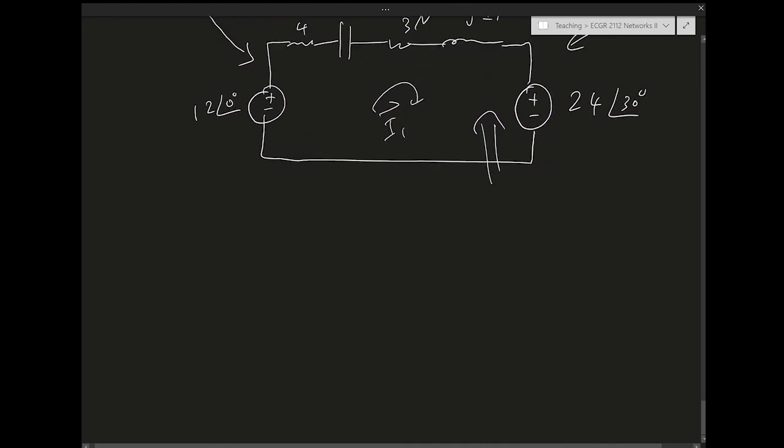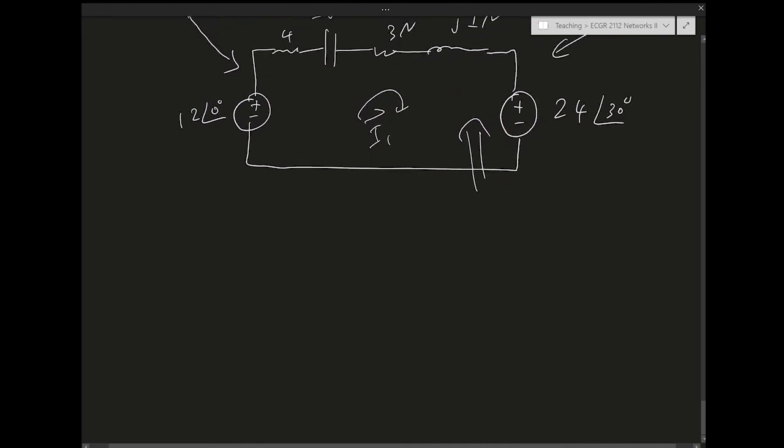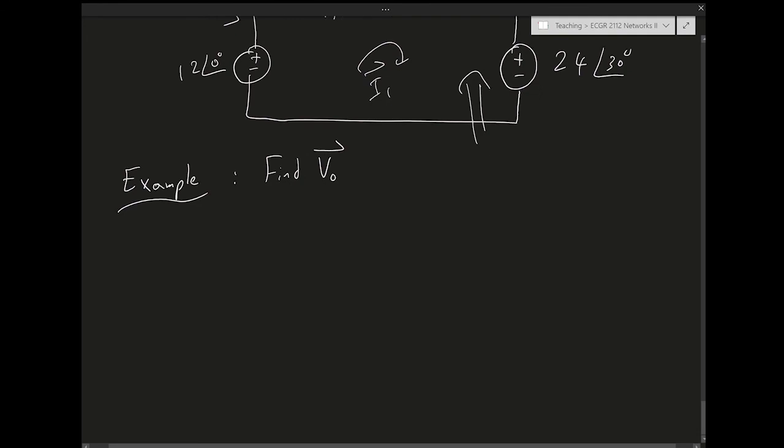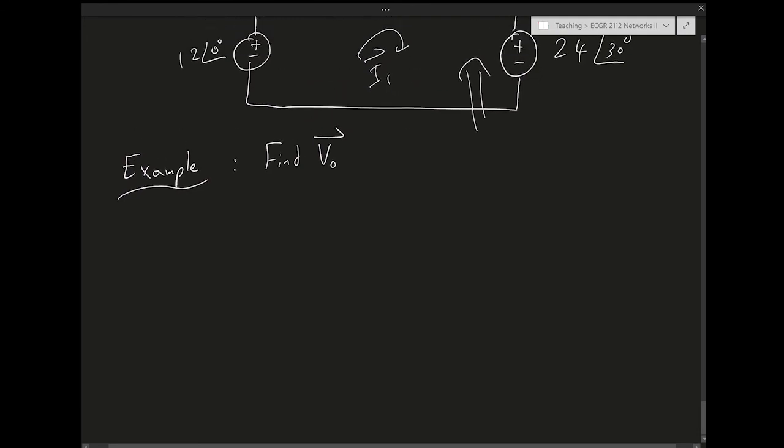Let's do an example where we do some calculations. Example. Okay. So we want to find VO. To find VO, what do we need to do for this circuit? Let me draw the circuit.